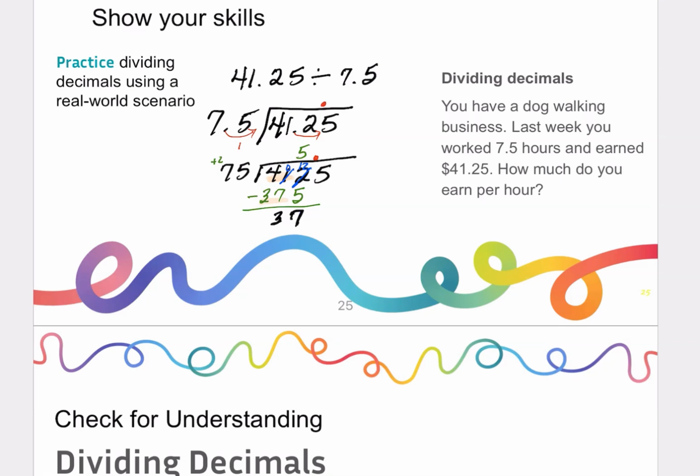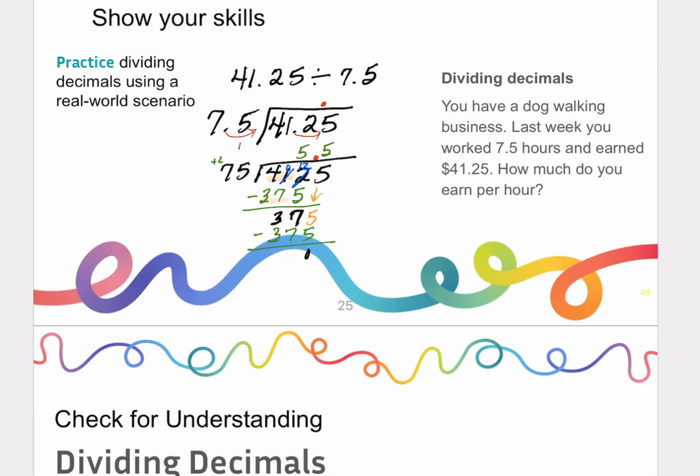Now remember, we have to use all of our spaces. So here we have 375. And because we just figured that one out, that 75 times 5 is 375, we know that we can pop a 5 right back up here again and get another value of 375. We know that 375 minus 375 is 0.